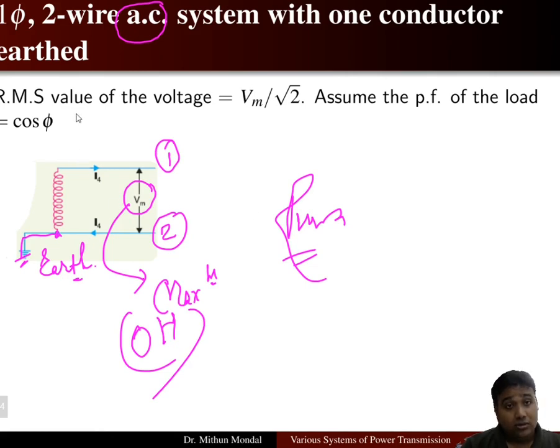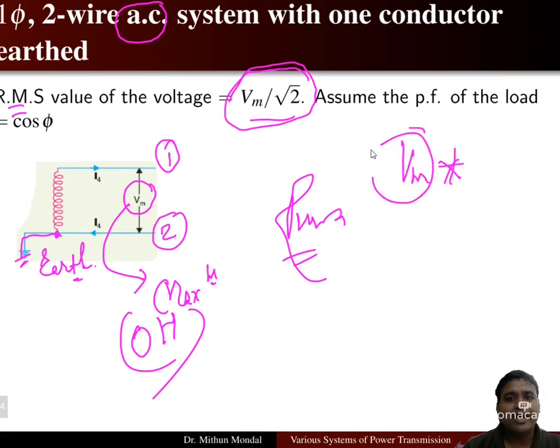That is for the overhead system, whatever assumption we have made. Now the RMS value, you know that it is Vm by root 2, and this is what we are going to use. We will not use Vm because this is the maximum value, and in AC we deal with RMS quantity. So the RMS quantity is Vm by root 2.